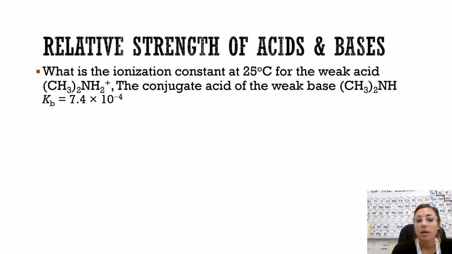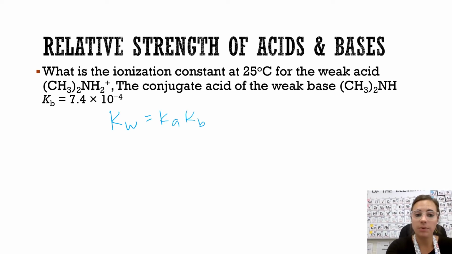So look at this example. What is the ionization constant for the weak acid (CH3)2NH2+, the conjugate acid of the weak base (CH3)2NH, and it gives me the Kb. Well, as long as I know the Kb, I can always find Ka for the conjugate, because Ka times Kb is Kw. Kw is 1 times 10 to the negative 14.